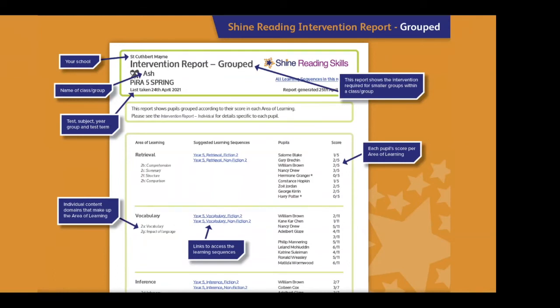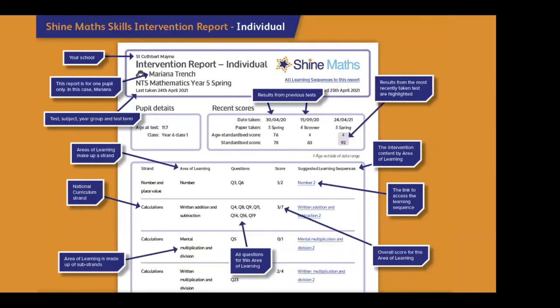Your suggested learning sequences are here for fiction and non-fiction for retrieval, the same for vocabulary and the same for inference. You will also see in some cases another learning sequence for poetry as well. And it's up to you whether you use all of them or just some of them, and then review the impact of it and see whether you want to go on and do an extra one. Next slide, please.